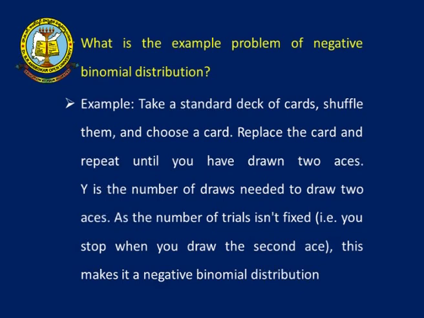Why is the number of draws needed to draw 2 aces random? As the number of trials is not fixed, you stop when you draw the second ace. We keep drawing until the second ace comes. This makes it a negative binomial distribution. It can come anytime, at the 52nd card or the 42nd, anytime. Until then we continue, and stop when you draw the second ace. This is called the negative binomial distribution.